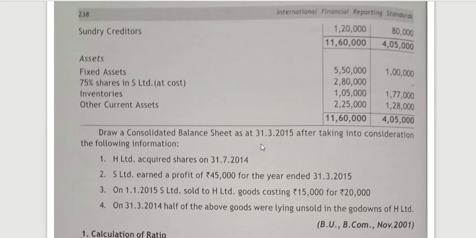But when did they acquire? 31/7/2014. So from 1/4/2014 to 31/3/2015, they have a profit of 45,000. In that, the period till the date of acquisition is considered to be capital profits. After that, it is considered to be your revenue profits.